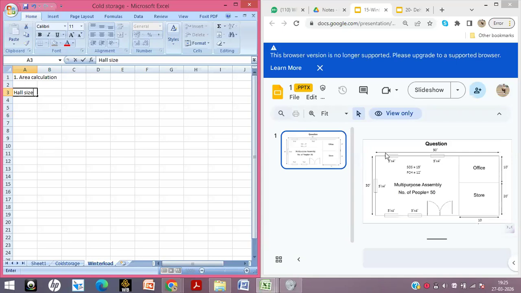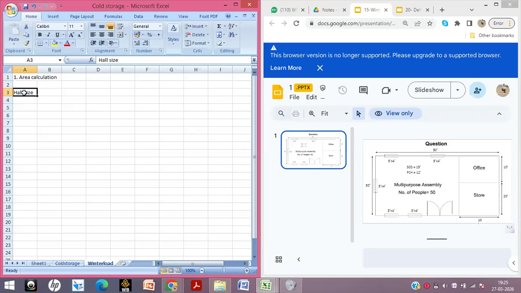This is the complete hall, and you can see this is the length and this is the width. So that area is nothing but length into width. 50 into 30 is 1,500.